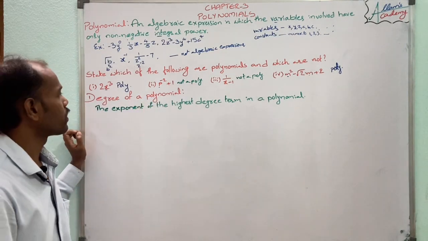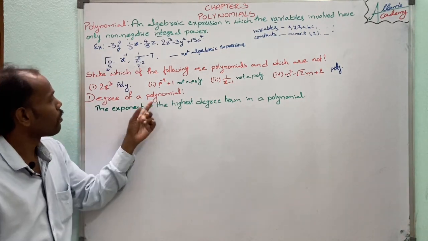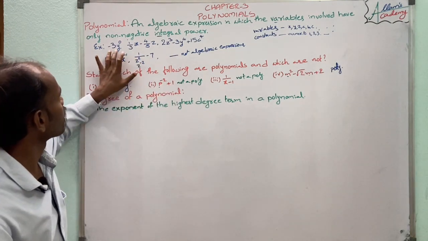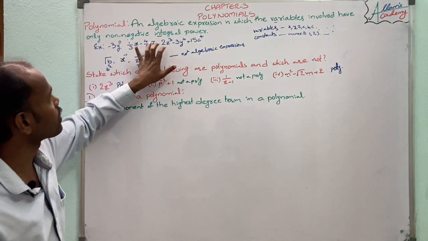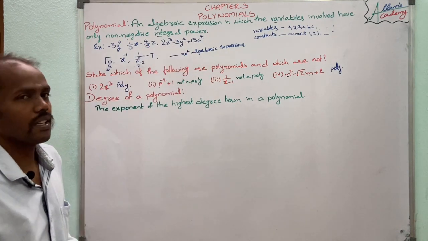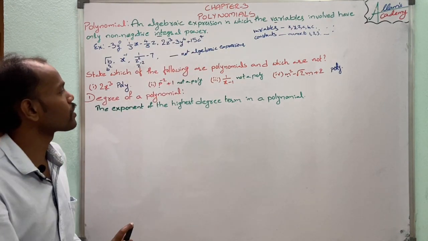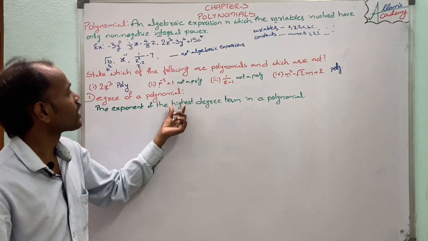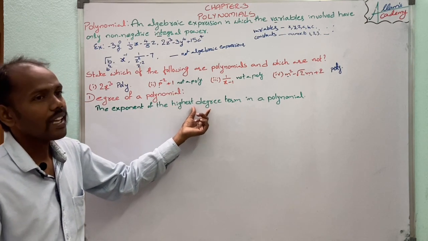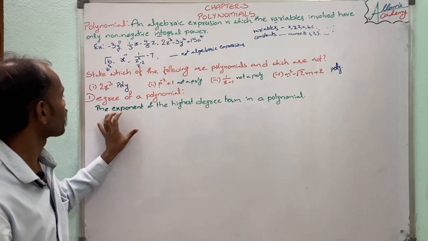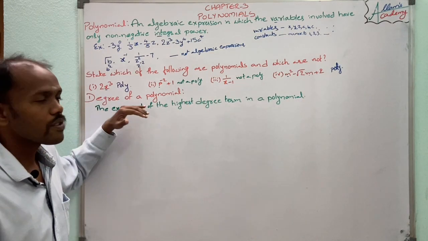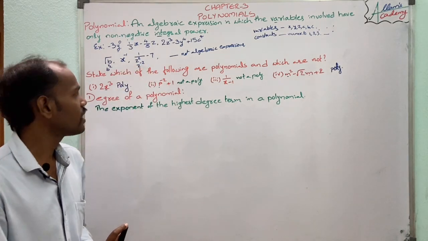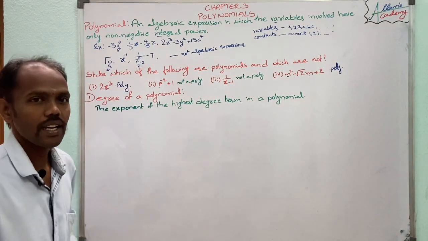A polynomial can have different numbers of terms: one term, two terms, three terms. Taking the degree of each term, the highest degree, which is nothing but the exponent, is called the degree of the polynomial.